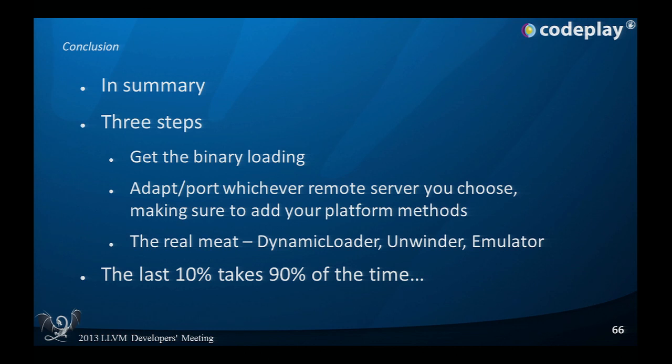And the real meat of implementing your debugger is in step 3: dynamic loaders, unwinders, emulators, and the last 10% of your to-do list will take 90% of your time. So you need to really prepare and manage your resources with step 3 because it will take a very long time to get everything right.